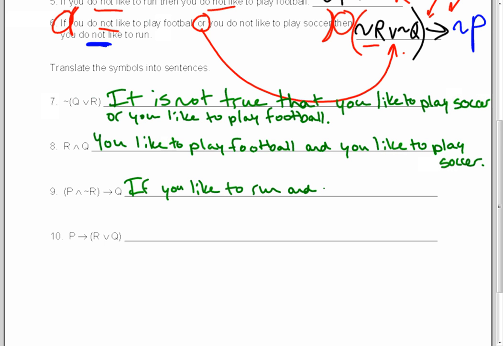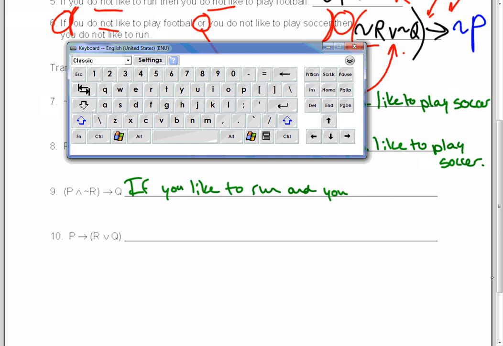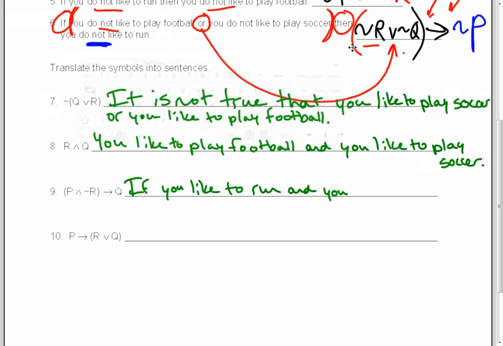If you are done with test corrections, the test corrections go on the bottom of the test. You staple it to the test, and it goes up in this pocket up here. You can hand that in anytime you're finished and you're satisfied with it, as long as it has complete sentences. But it's not due until the next test. So you can wait, work on it next week. Just make sure before we have our Chapter 2 test and all of this logic material that you have completed your Chapter 1 corrections.